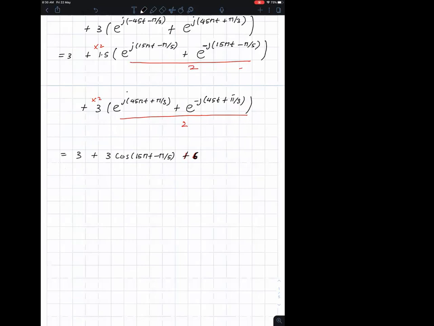And then that will be cosine 45 pi t plus pi over 3. So this is the expression that we want.